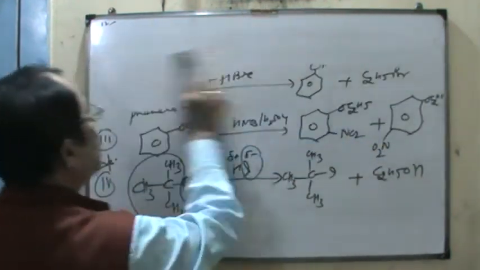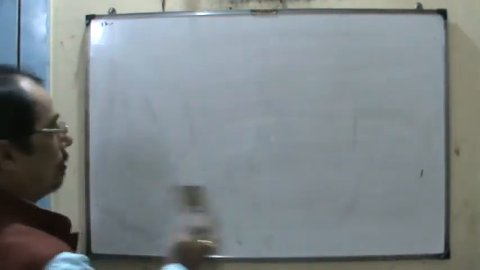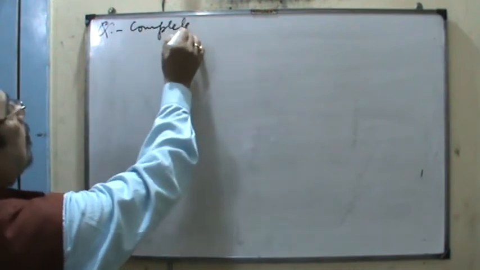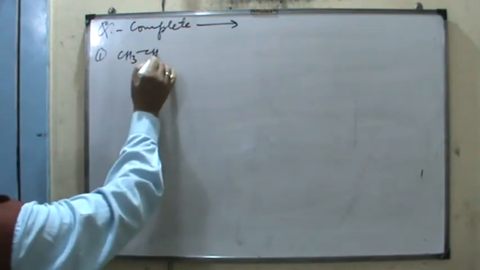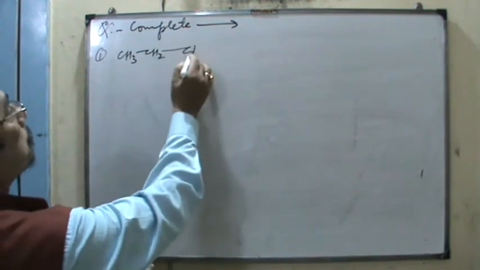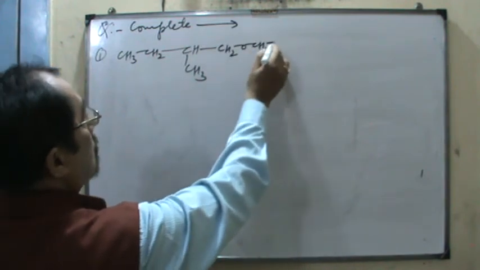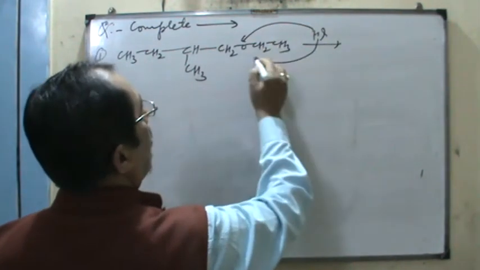Now another type of question very much given is like, complete the following reaction: CH3CH2, CH3, then this is CH2OCH2 and CH3, then HI. So obviously H will be there and iodine will be here.